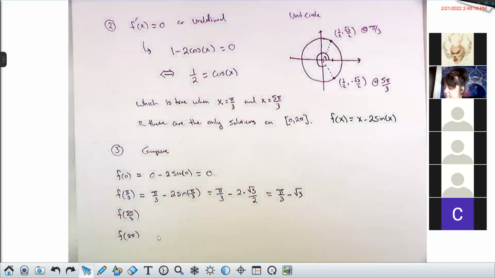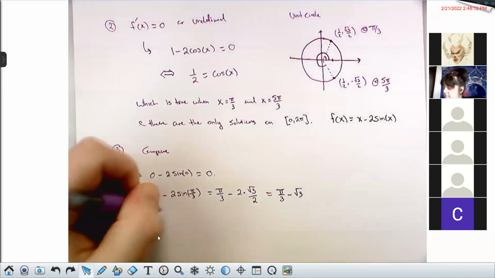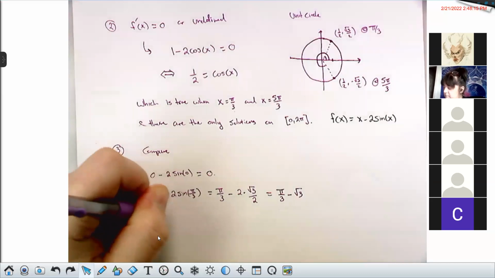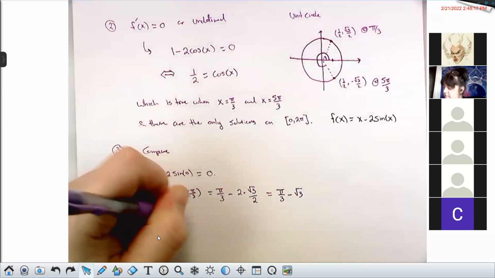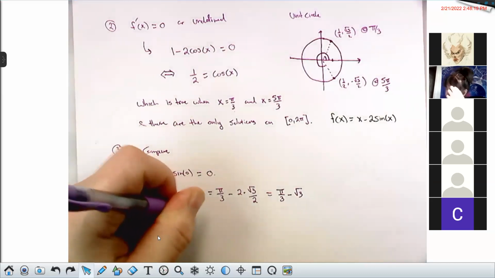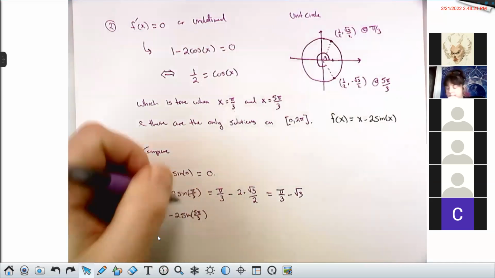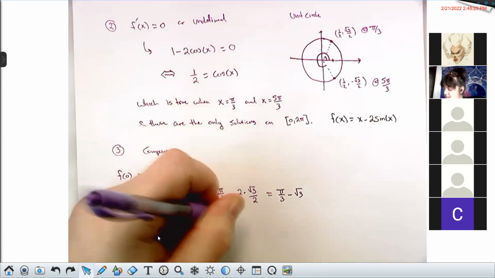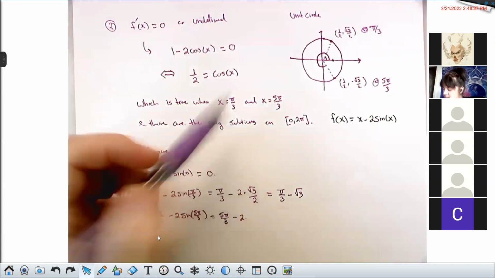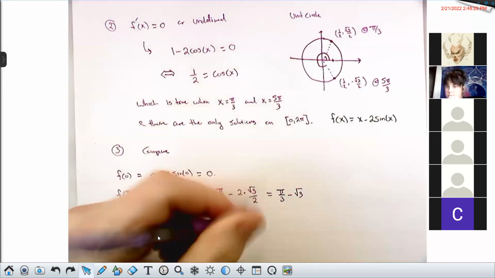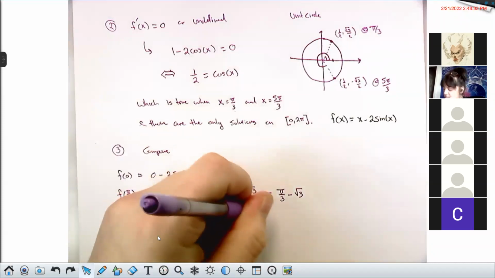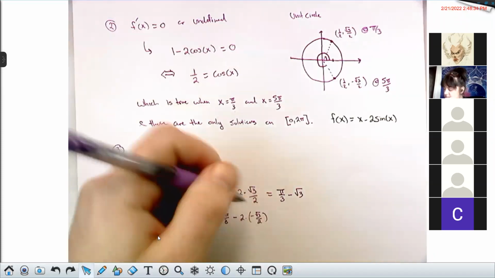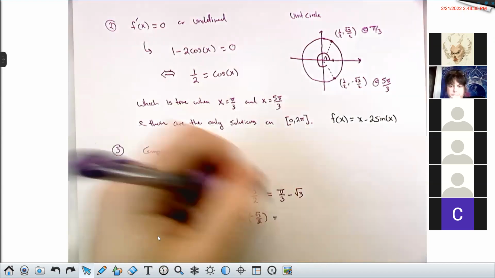At 5 pi over 3, f is equal to 5 pi over 3 minus 2 times the sine of 5 pi over 3, which is 5 pi over 3 minus 2 times the negative square root of 3 over 2. Again, the 2's will cancel.